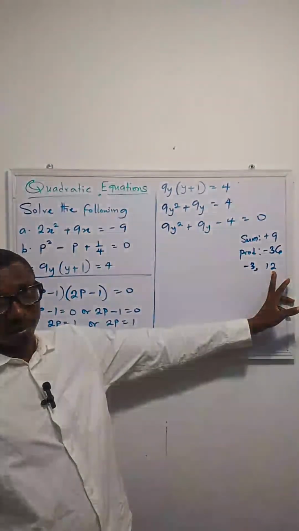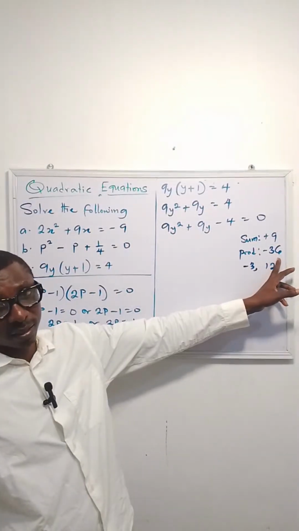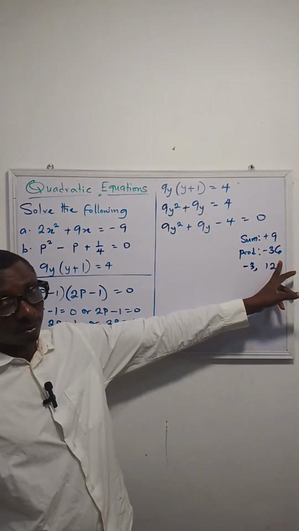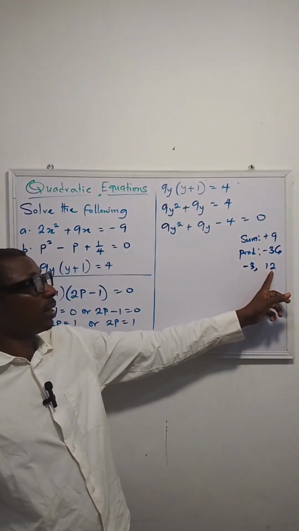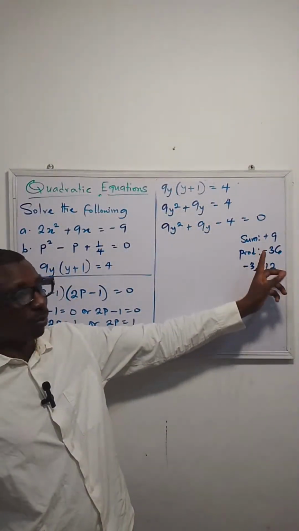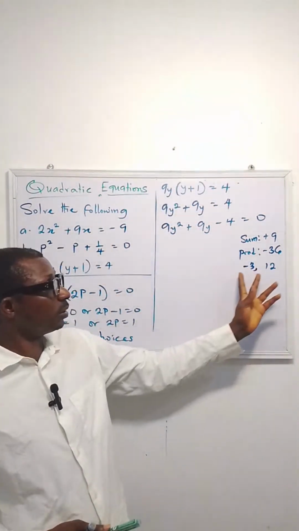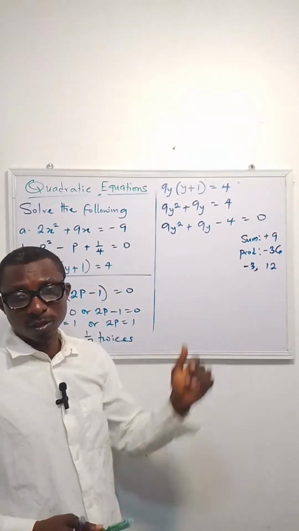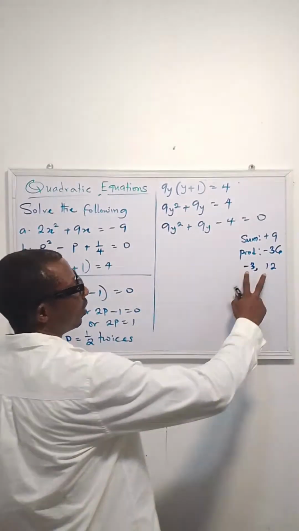That is 36, but we have negative, so that's going to give us negative 36. It works for the product. Let's look at the sum. When you add this and this together, 12 minus 3 gives you 9. So the two numbers are negative 3 and 12. You will see these two numbers are factors of negative 36.